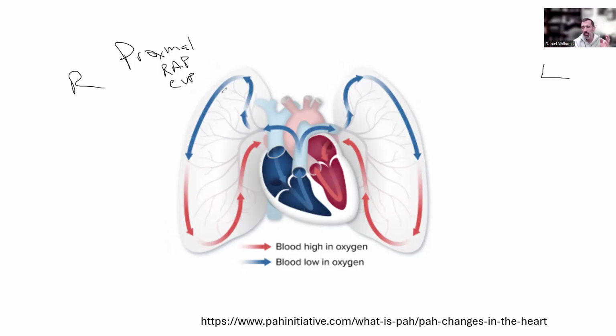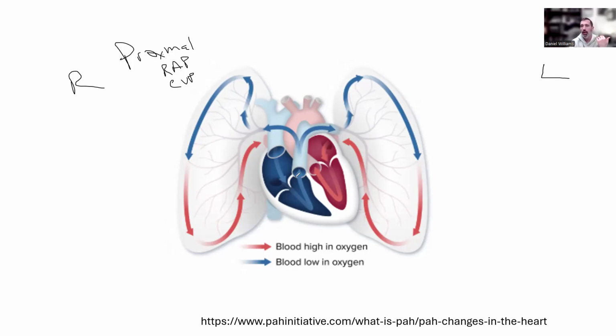Now, keep in mind, we can have mechanical structures too that can have an impact on afterload. So, for instance, if I were to have a stenotic pulmonary valve or a pulmonic semilunar valve, it would make sense that if it's not as compliant, it doesn't move as well as it once did, then that's going to generate some back pressure, and the right ventricle is now going to have to work harder to pump blood through that pulmonary circuit.